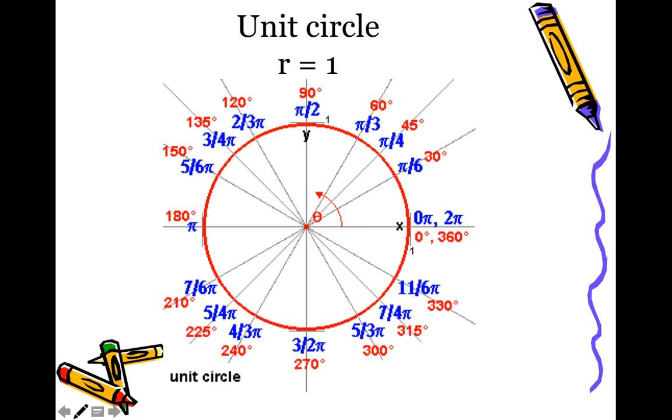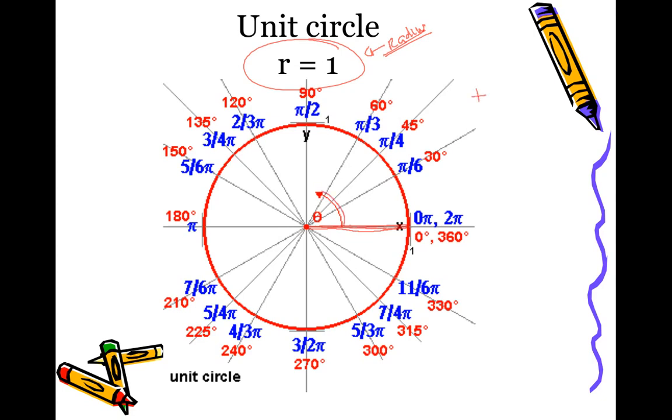So here we have the unit circle. Why is it called the unit circle? Oh, because the radius is 1. If you remember, you're always starting on the positive x-axis, and a positive angle or radian is going counterclockwise.